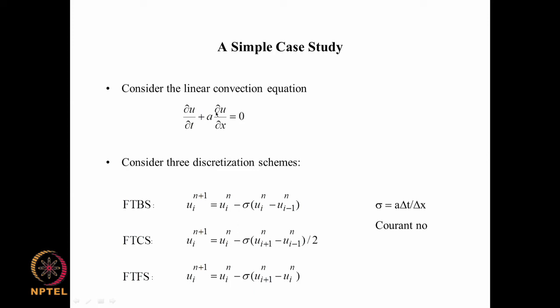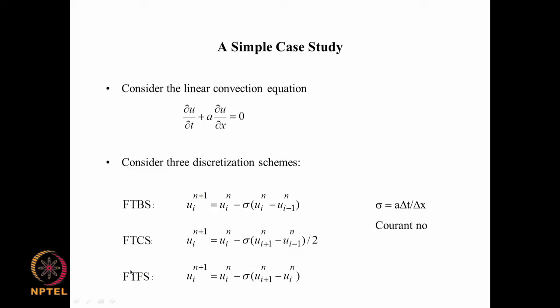So you have ui plus 1 minus ui minus 1 by 2 delta x, and we also make it explicit. So we get ui plus 1 minus ui minus 1, because there is a 2 delta x, you have 2 here, and the delta x is consumed by this Courant number sigma here.